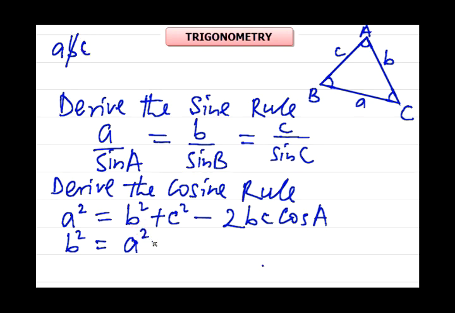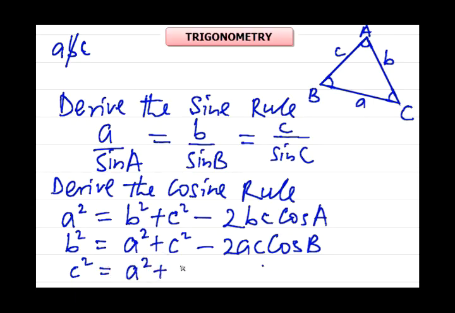So that will be a squared plus c squared, minus 2ac, multiply them, cos the angle there, B. Then the third one, c squared is equal to a squared plus b squared, minus 2ab cos the angle there, C.